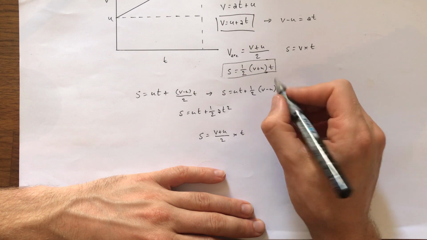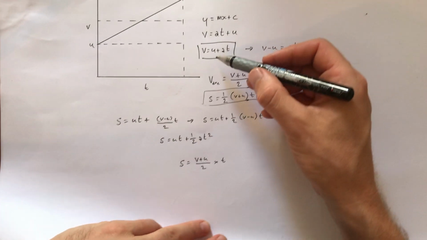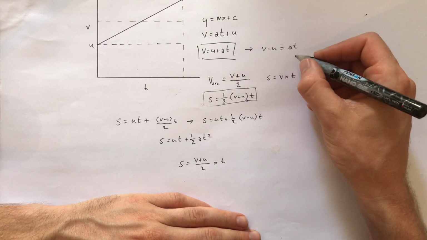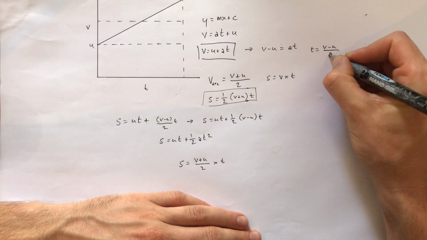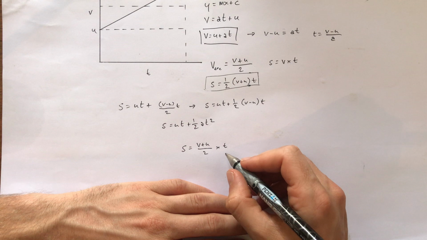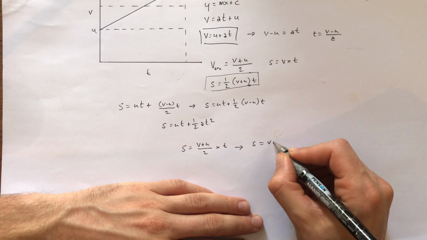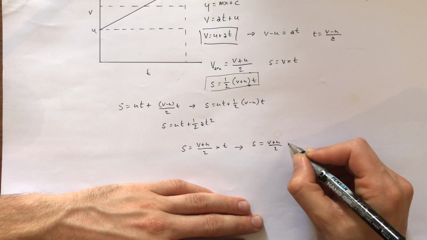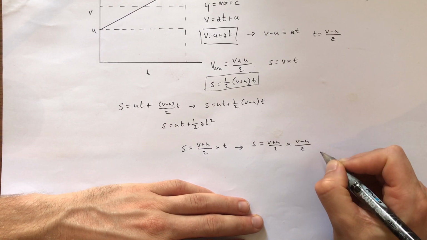What we can also do is take this t term, coming back to the equation of the line, and rewrite it as t equals (v minus u) divided by a. And so we're going to substitute this in all the way down here. So this becomes s equals (v plus u) divided by 2 multiplied by (v minus u) divided by a.